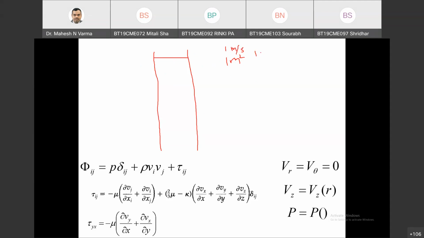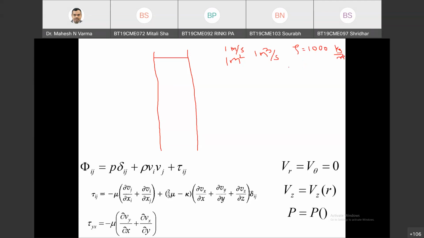It will be 1 meter cube per second. And say the fluid is water. What is the density of water? 1000 kg per meter cube. Okay.